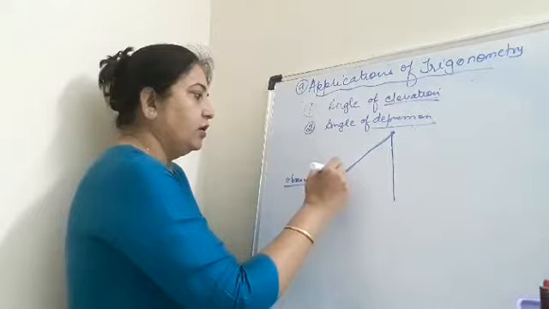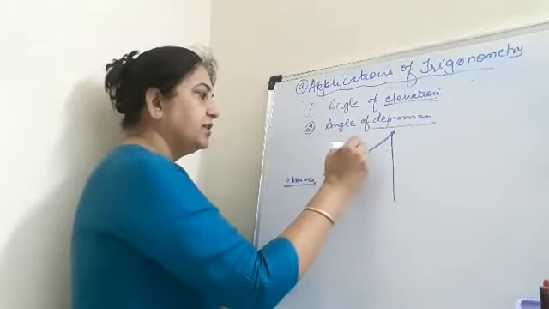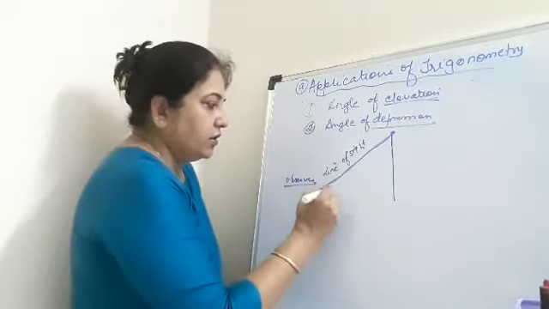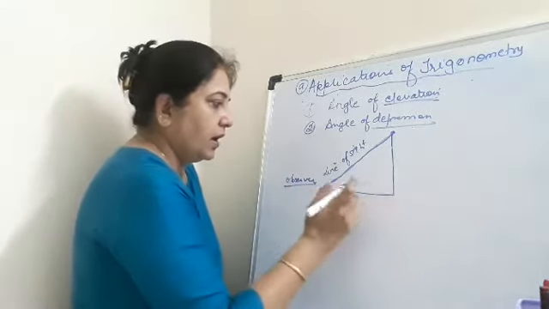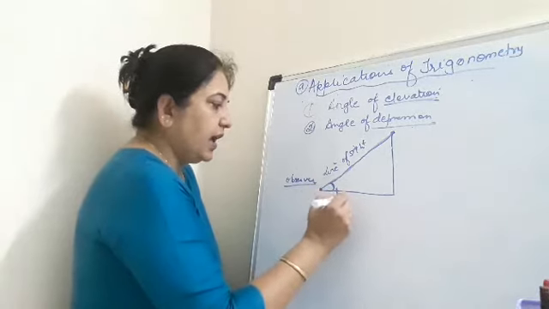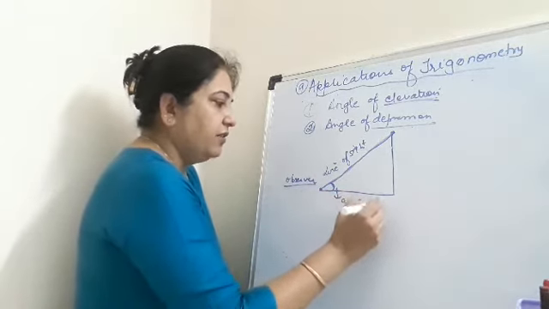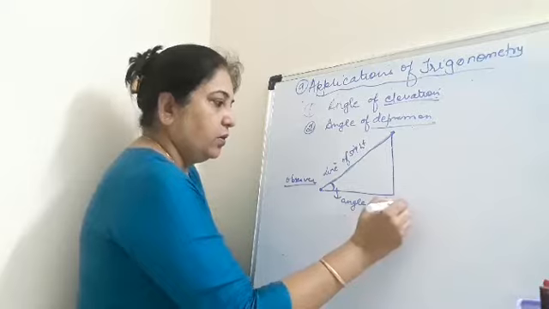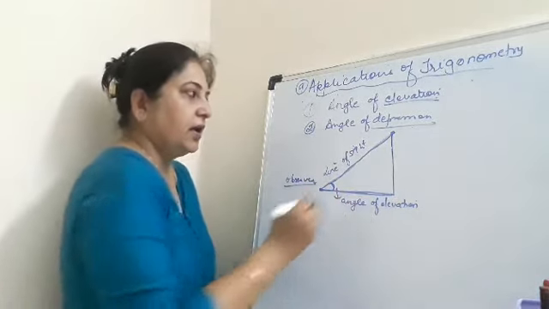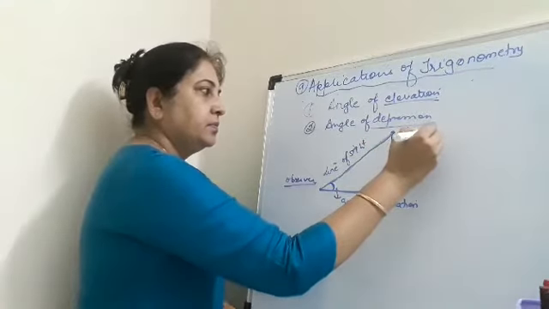So this is called the line of sight. Sight means to see. Okay, now this is the horizontal level, and the angle which is formed here will be the angle of elevation. With what level? With the ground level or with the horizontal level. Okay, and this is the object.